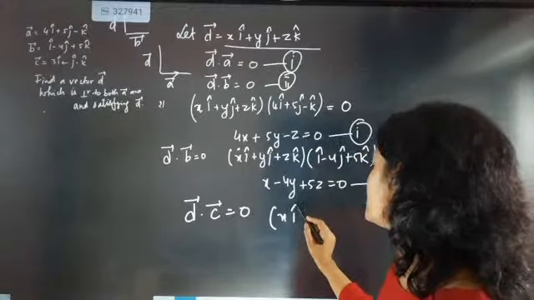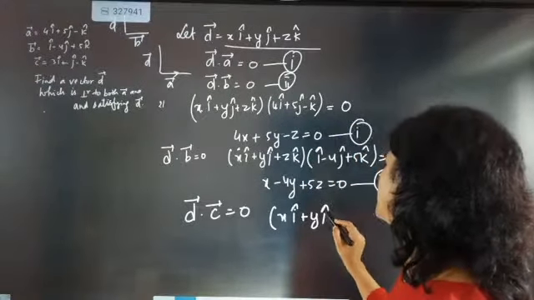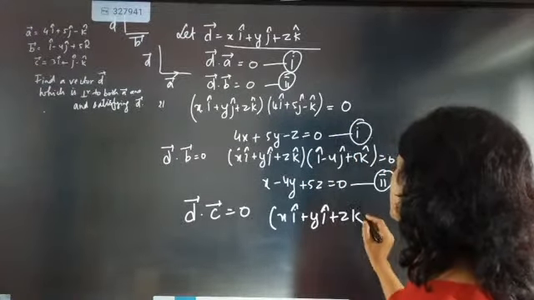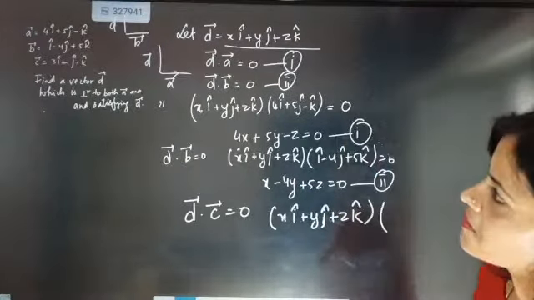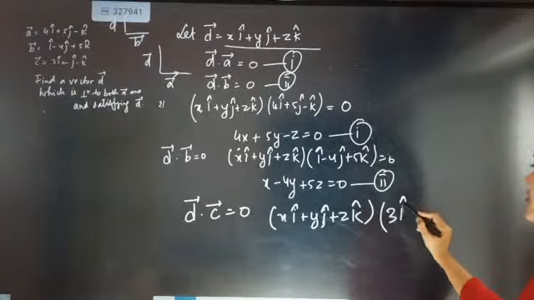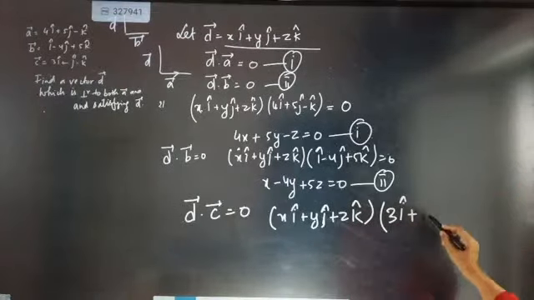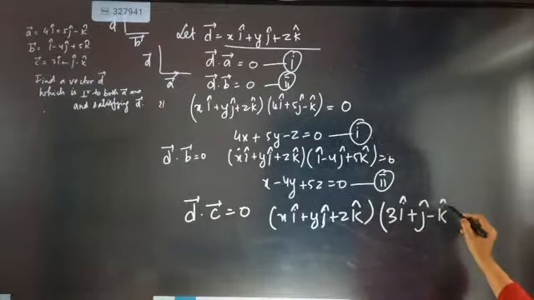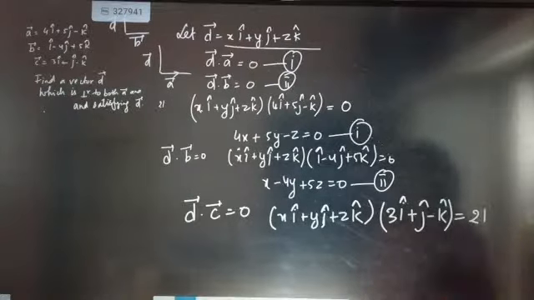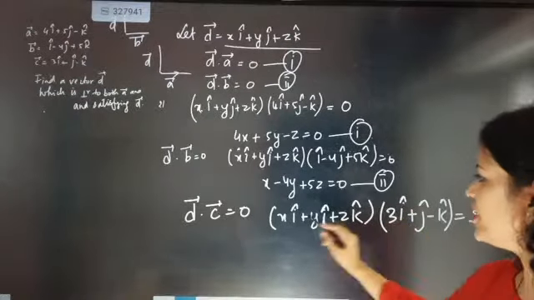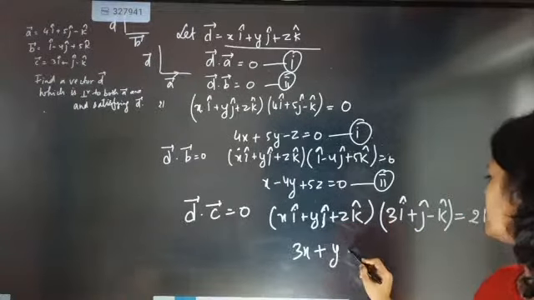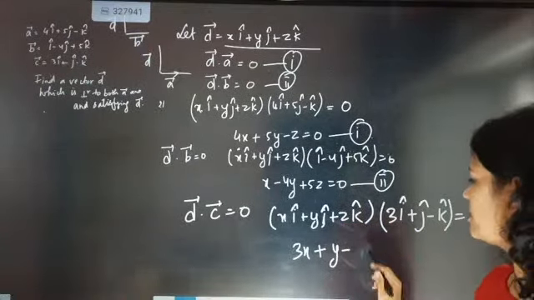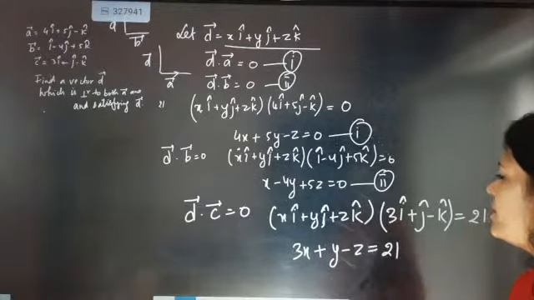D vector is xi, yj, zk, and here c is 3i plus j minus k, given to be 21. So here it will become 3x plus y minus z will be equal to 21.